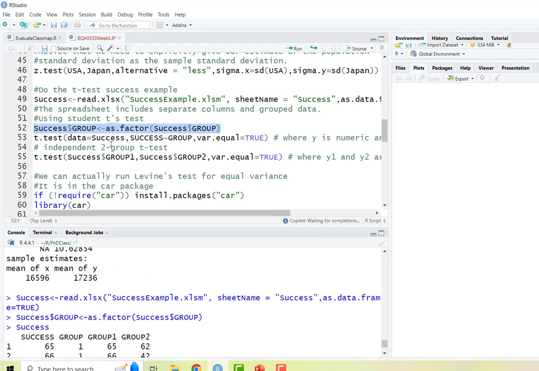We're doing almost like a regression format. So we're passing the data and we're saying the dependent variable is success, and then we're going to do it by group. So this is one way of doing the t-test. So let's do it like this.